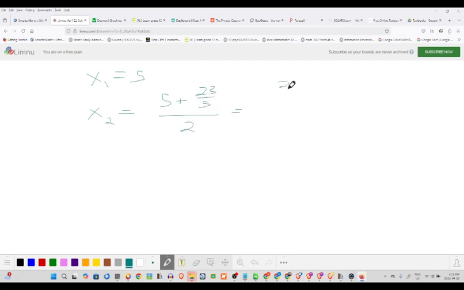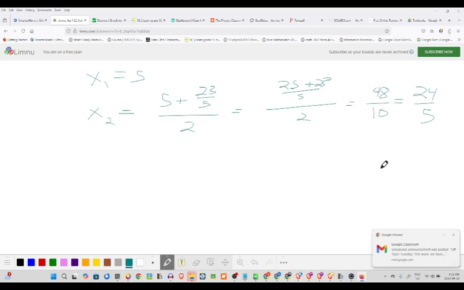Our numerator over common denominator of 5 becomes 25 plus 23 over 5 all over 2. That's 48 over 10, which reduces to 24 over 5. This will be 4.8 as a decimal approximation. Not accurate enough yet.